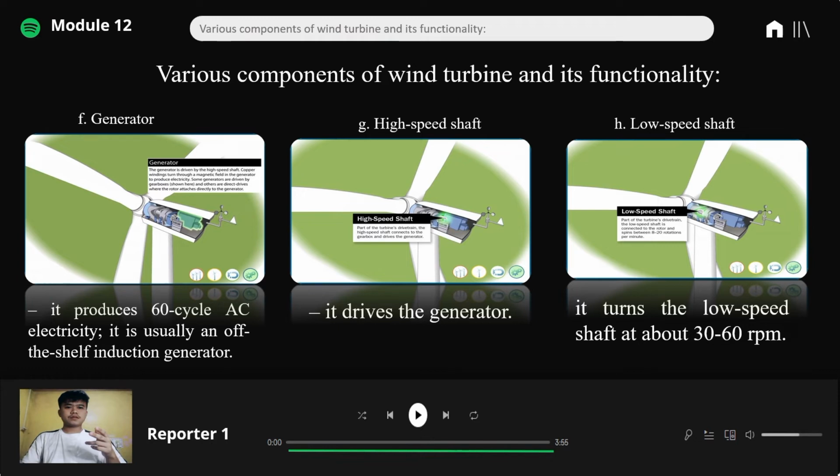The gearbox is also connected to the low-speed shaft, just like the high-speed shaft. The gearbox is used to transfer rotational mechanical energy from the low-speed shaft to the high-speed shaft. The high-speed shaft is driven by the gearbox output, coupled to the generator, and drives the generator.